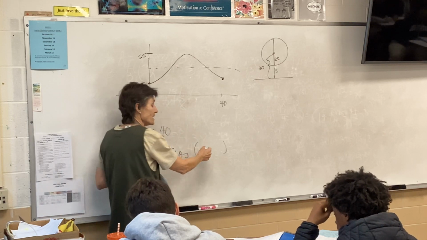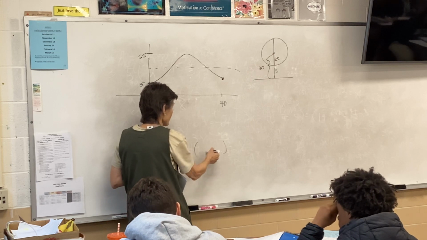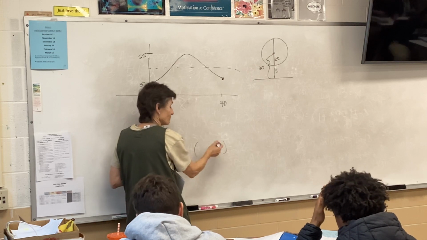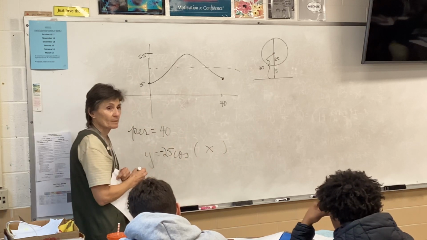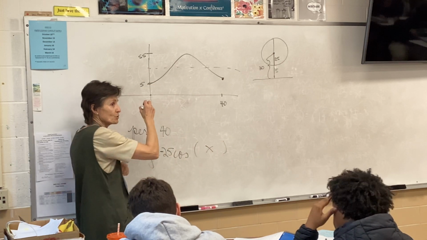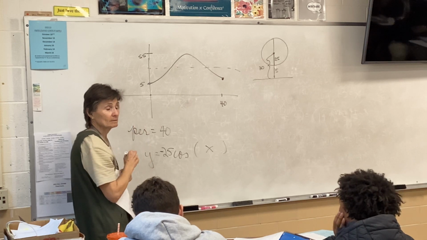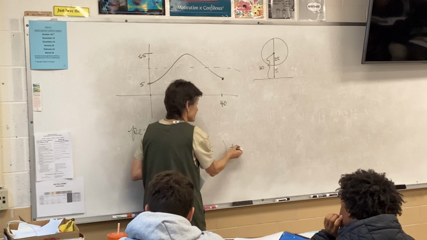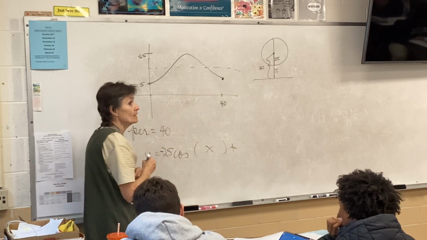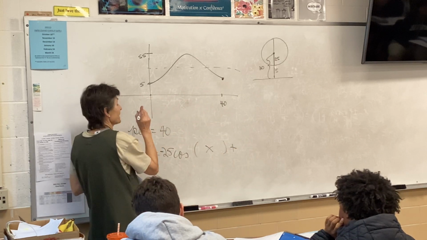Does it have a phase shift? So when I think about filling in a blank here, does it have a phase shift? No, that's just gonna be a plain old x. Because isn't it starting right where it's supposed to, on the axis? Does it have a vertical shift? In other words, is there a number on the end of it? Yes, there is. Be careful.